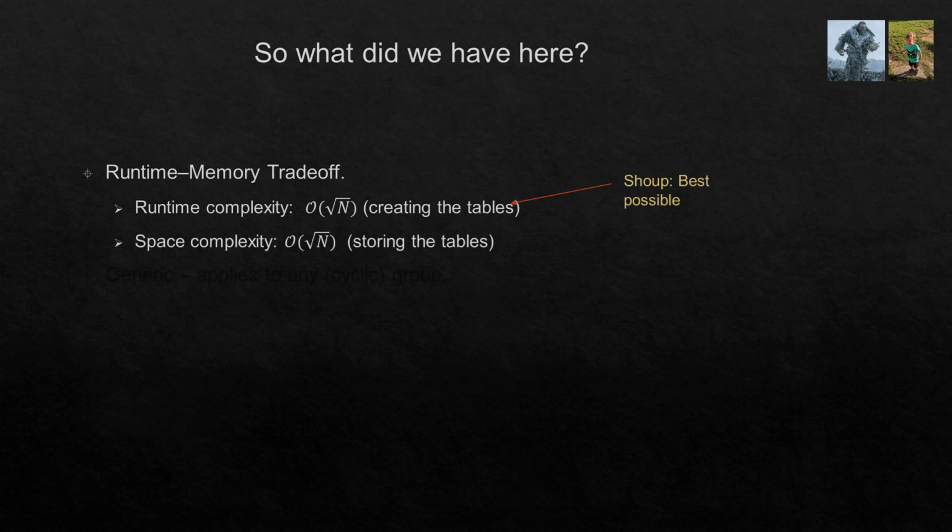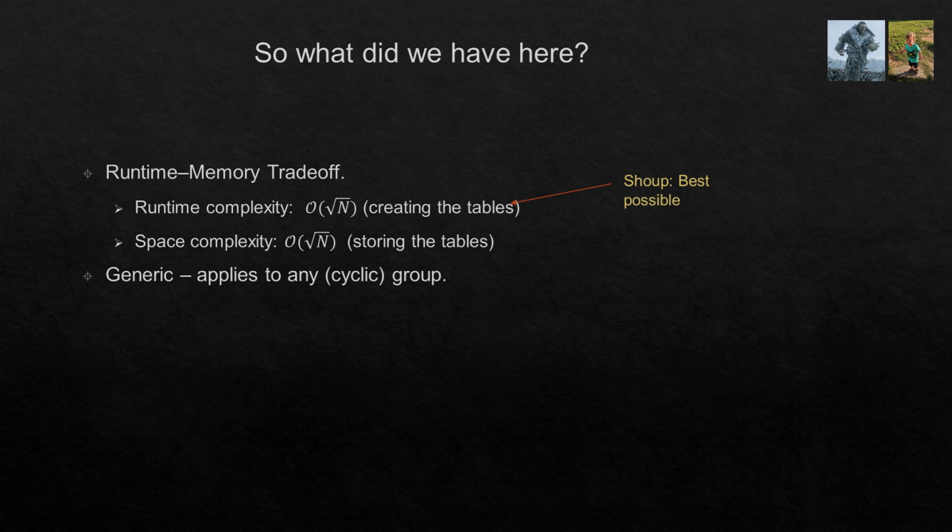And the space complexity is also O of square root n, which is storing the tables. And actually storing the tables can be much more of a hindrance than the running time. You know, time is infinite, just run the algorithm for a long time. It is generic though, I mean, it applies to any group.